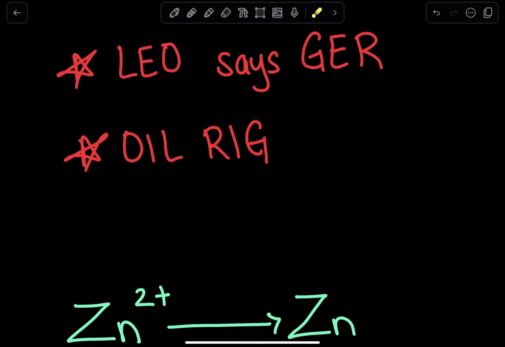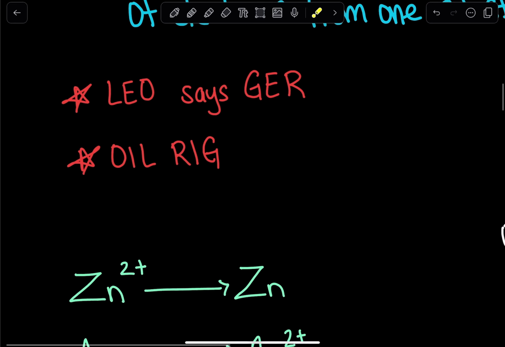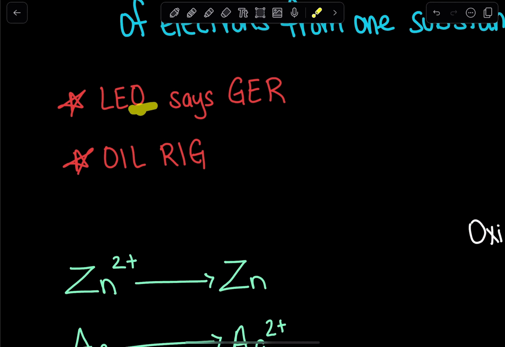So essentially, when we lose electrons, we become oxidized. But when we gain electrons, we become reduced. Same thing with OIL RIG. You become oxidized if you lose electrons. You become reduced if you gain electrons. And that's just a way to remember whether you are oxidized or reduced.